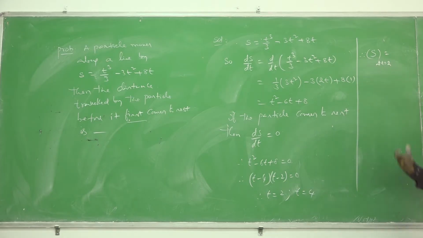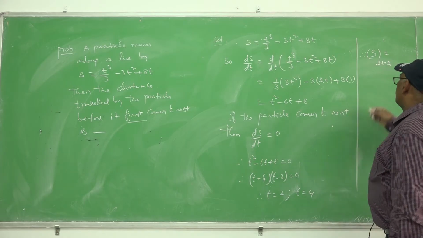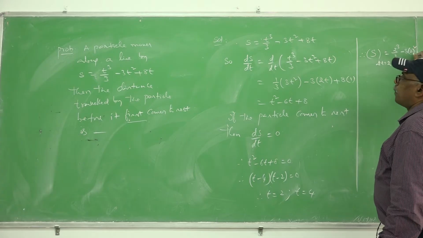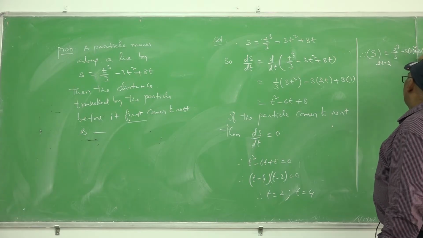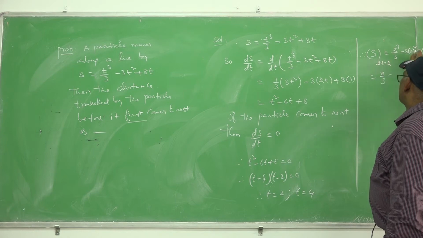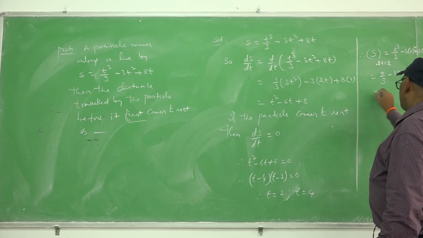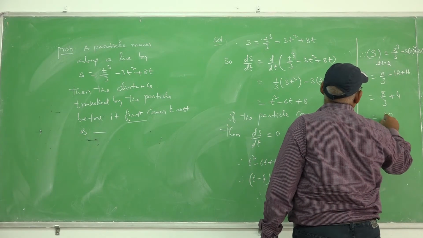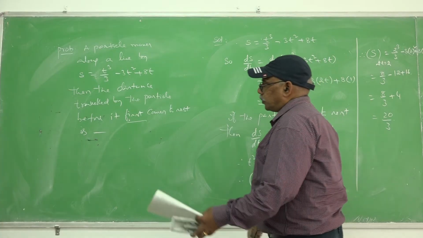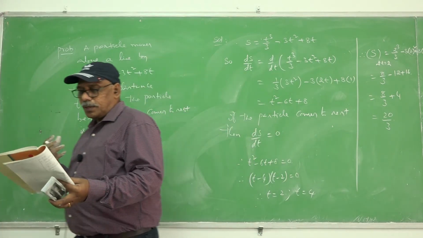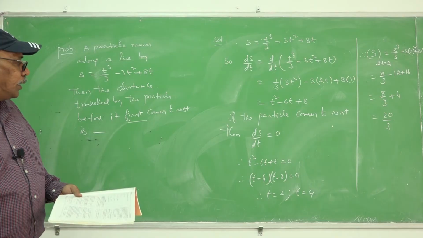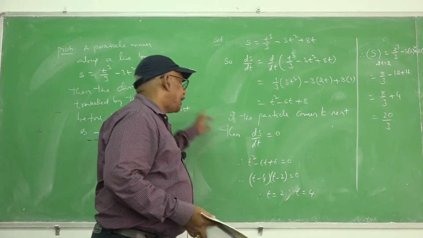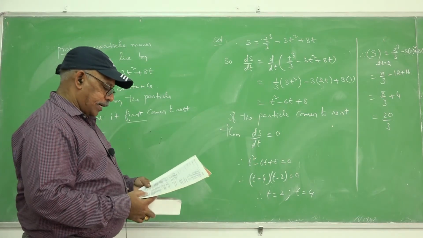In that time period, the distance covered is 2 cube by 3 minus 3 into 2 square plus 8 into 2, that is 8 by 3 minus 12 plus 16, which is 8 by 3 plus 4, which gives us 20 by 3. So the distance covered by the particle when it first comes to rest is 20 by 3 itself.